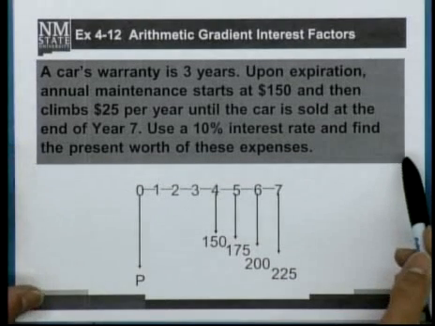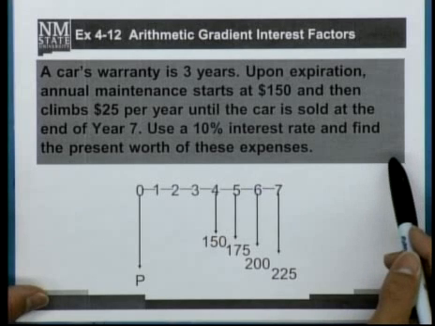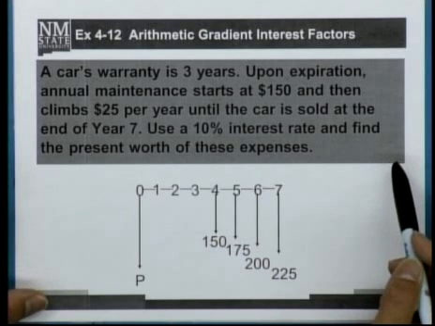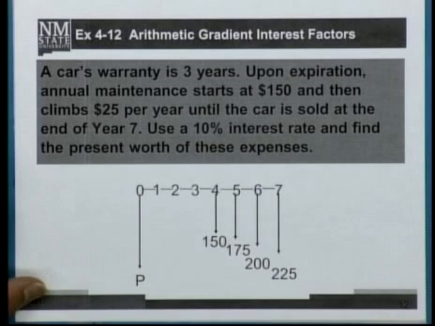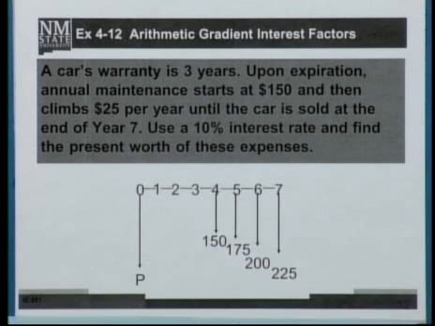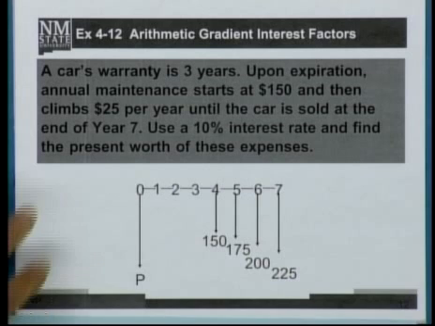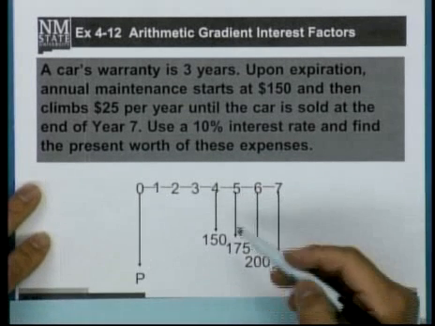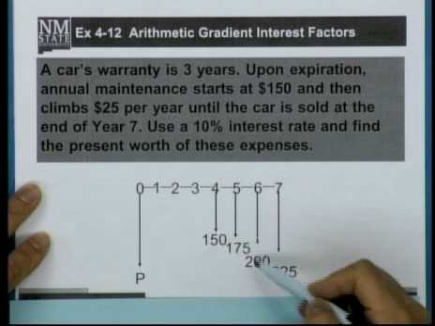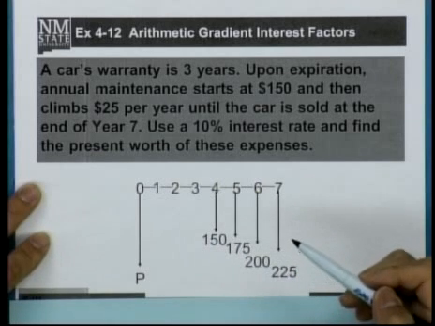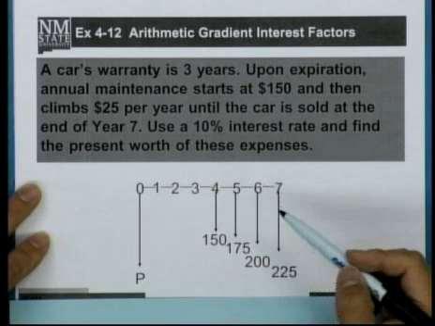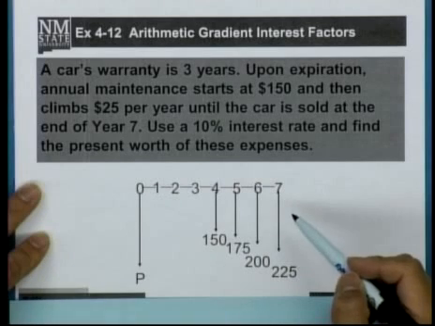Use a 10% interest rate and find the present worth of these expenses. So again, if you look at the period by period change amount, how much is that? It's negative $25. So again, we may use the concept of arithmetic gradient series here.